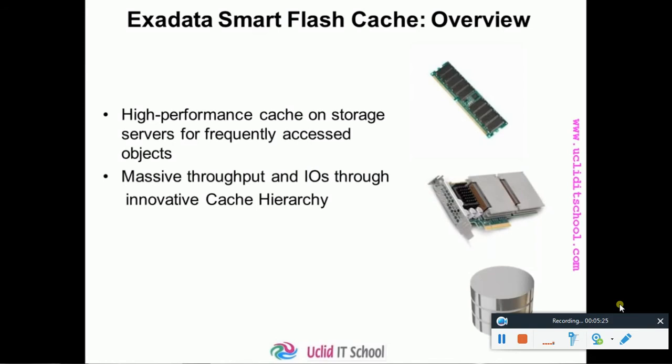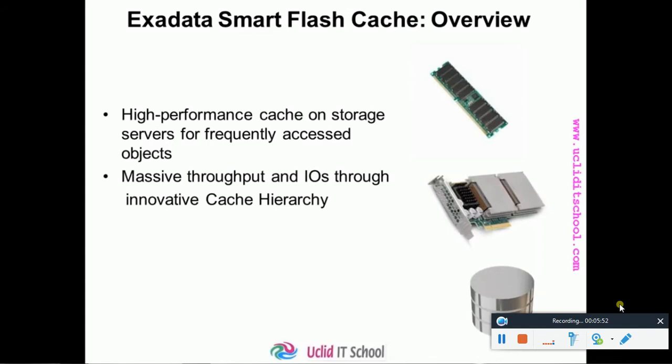With Flash Cache, you can achieve massive throughput and IOs. In fact, inside Exadata, there are different memory storages used, like hard disk based storage, flash storage, and DRAM.